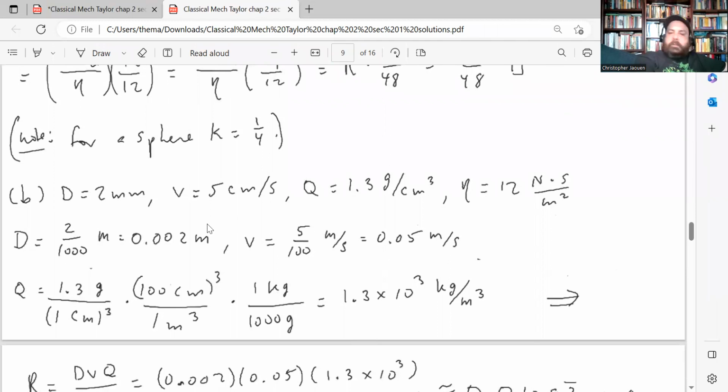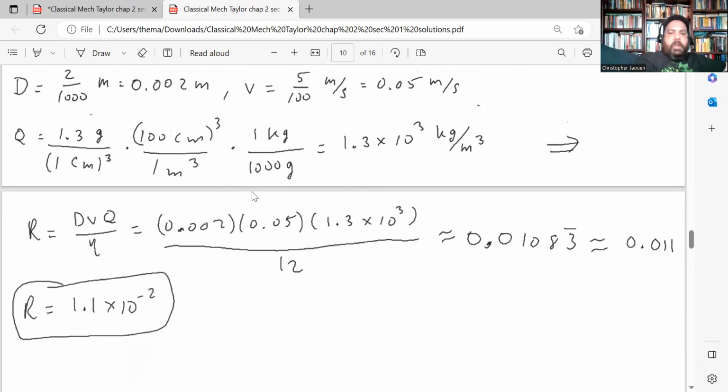So here, d is 2 millimeters, v is 5 centimeters per second, and so on. You have to make sure that you convert everything into the correct units. So I turned all of the centimeters into meters and the millimeters into meters, and I turned grams into kilograms.